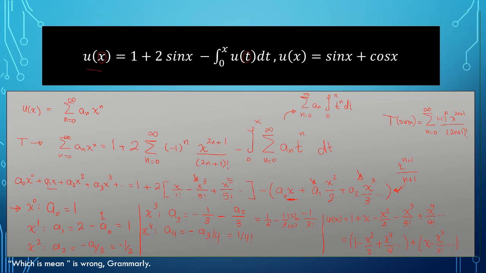And the first bracket is cosine x, and the second bracket is sine x, and this is our answer.